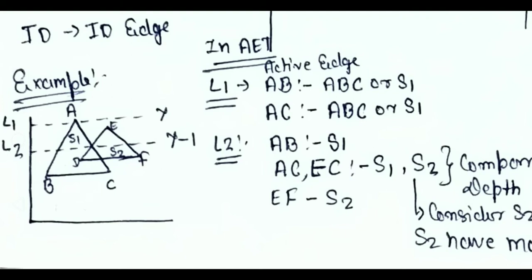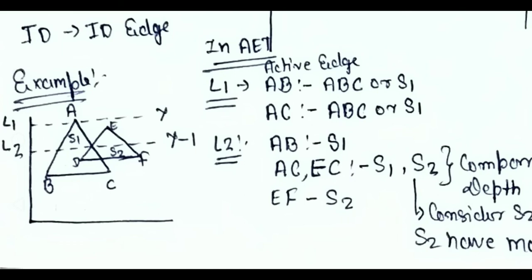So here AC and EC, two edges are there, and here the surfaces change, because AC is in surface S1, ABC, and EC is in surface DEF, meaning S2. So the problem comes in this part, and this is where this algorithm is used. Next edge intersected by the L2 scan line is EF, which is in the S2 surface, so there is no problem here.